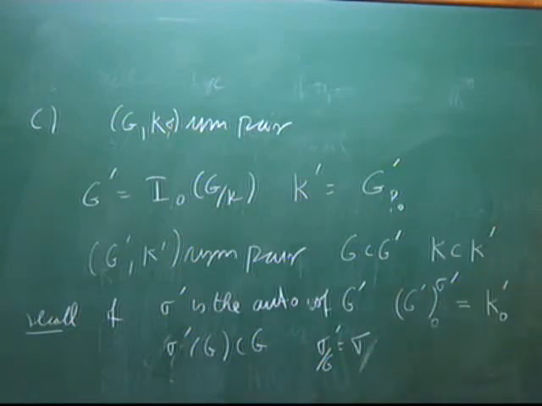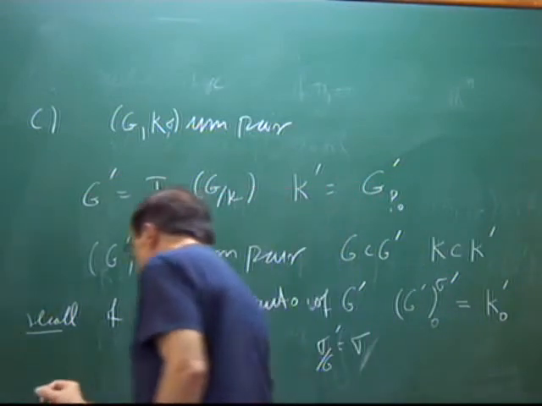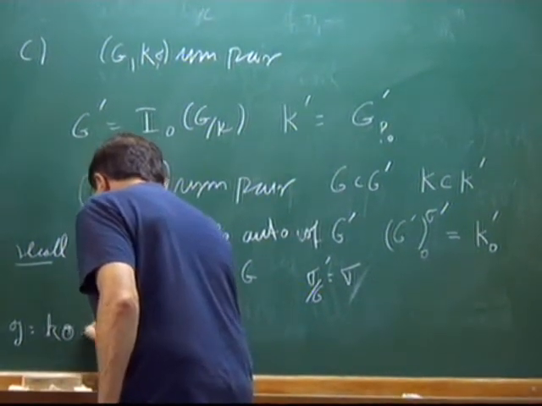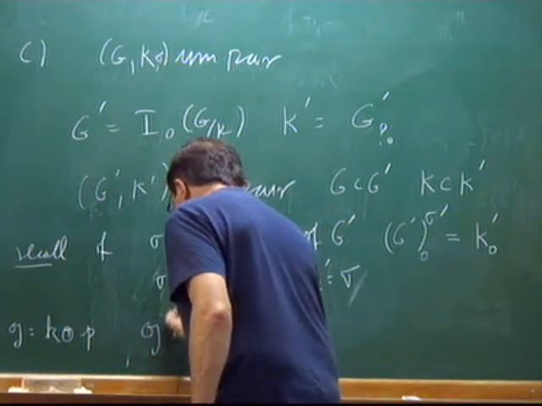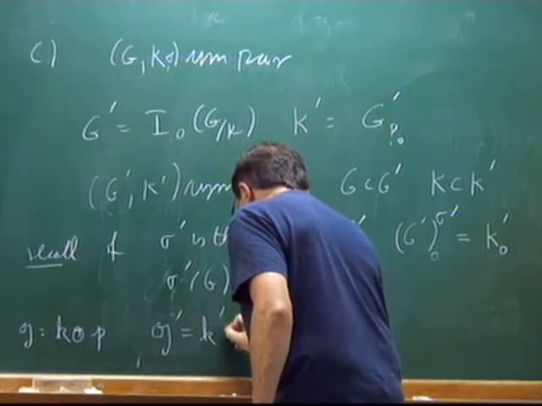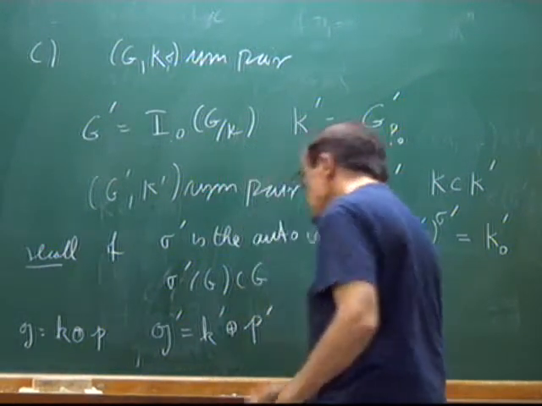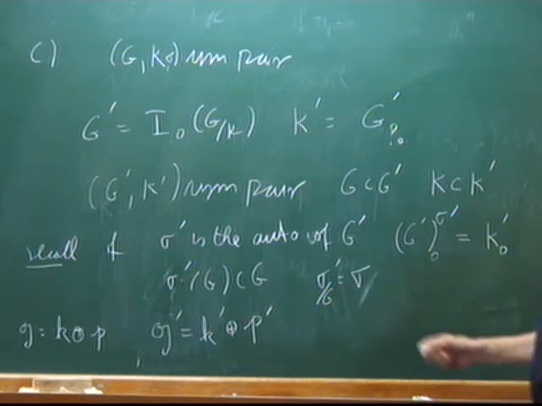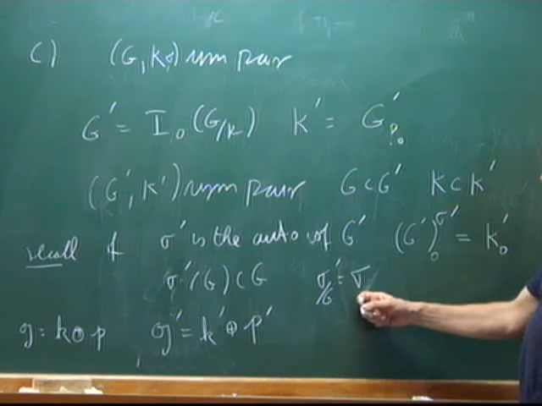So that means the following. We write for G, we have K plus P. That's our Cartan decomposition. I have another one for the full isometry group. And what does this mean?